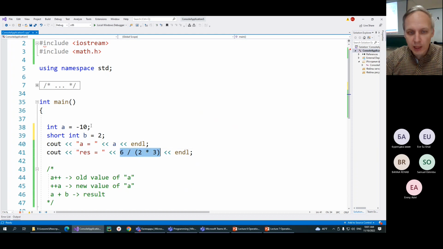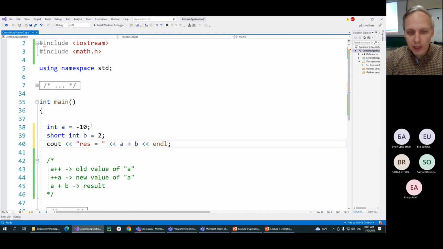And after that, I apply the operation a plus b. Well, the question is, what will be the type of the operation?